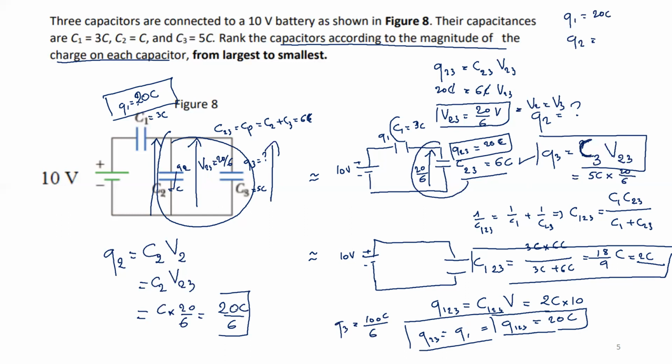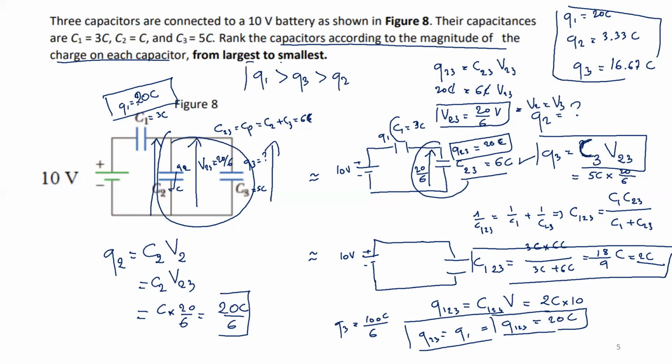Q2, 20 divided by 6, is 3.33 C. And Q3 is 100 divided by 6, so I think this is 16.67 C. So which one is larger? Of course, Q1 is larger than Q3, which is larger than Q2. Okay. Good. Is it understood?